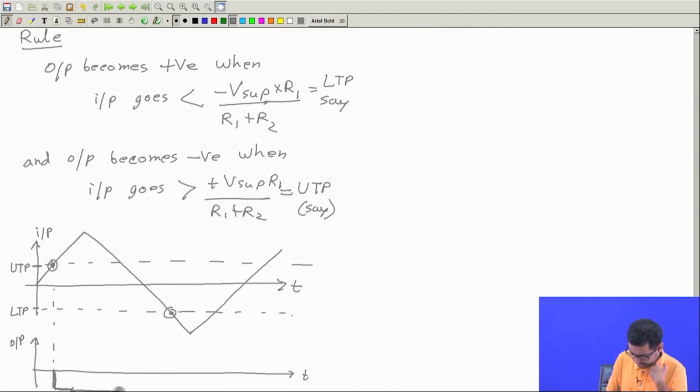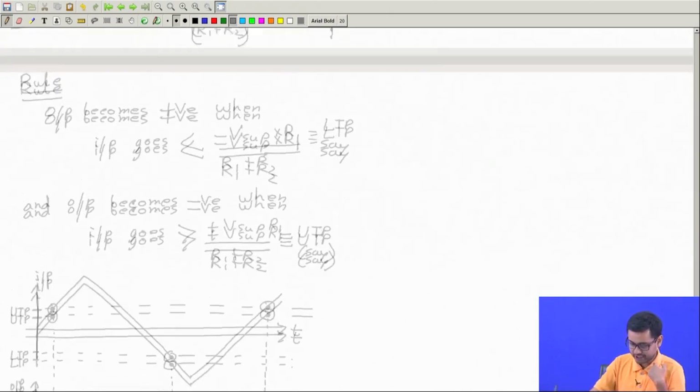Up to this point it will remain negative, negative means minus V supply, and here it will become plus V supply, and it will remain so until I reach this point when it will become again negative. So, this is how this circuit works.